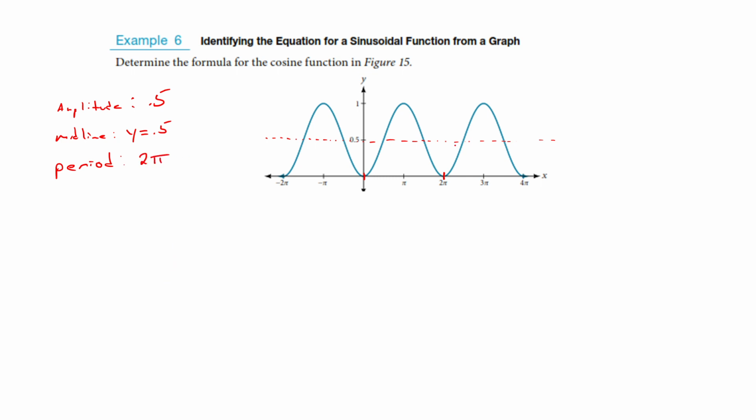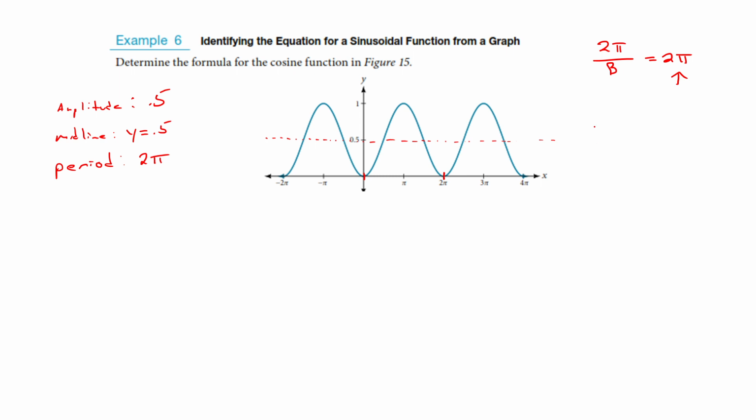Okay, now here's what we need to do. The formula requires this number b. This is the horizontal stretch or compression. And so the way you find this, so if this is the period that we've established, we know the period for this is 2 pi. Well, the way you find the period is you take the 2 pi, that's for cosine or sine, and you divide it by whatever that number is in the formula.